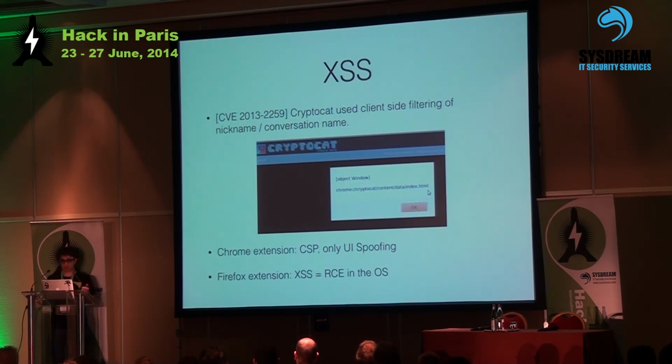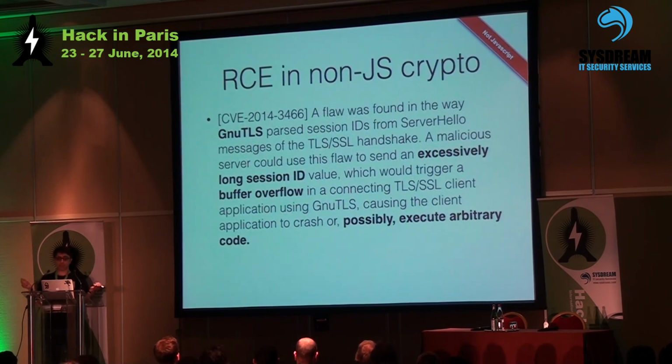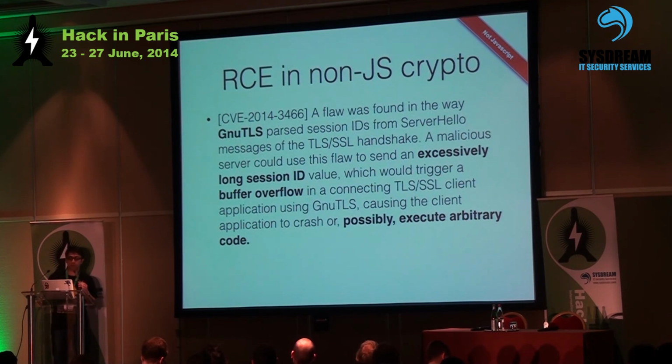So this means that basically through CryptoCat I can install malware on your computer. Done. Again, RCE is not unique to JavaScript or web crypto. RCE vulnerabilities are still present. They are pretty rare, I agree, but they are still present in current native, widely trusted applications.